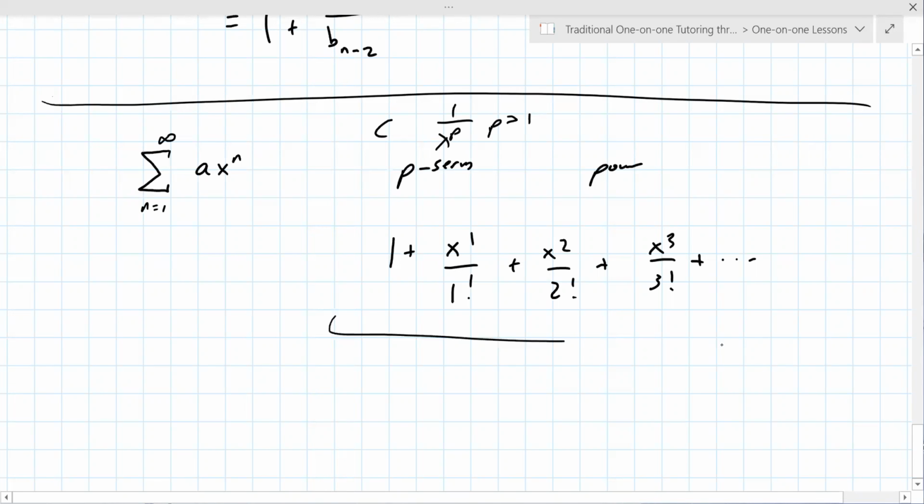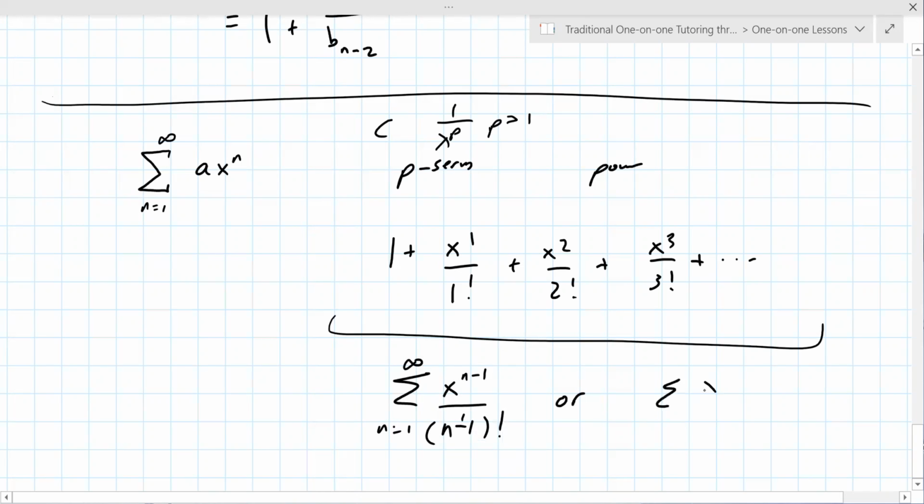So this thing right here is sigma x to the n minus 1 over n minus 1 factorial from n equals 1 to infinity. Or it's sigma x to the n over n factorial, n equals 0 to infinity.